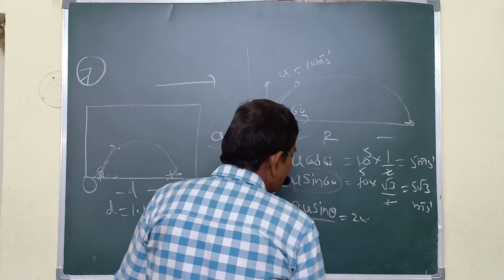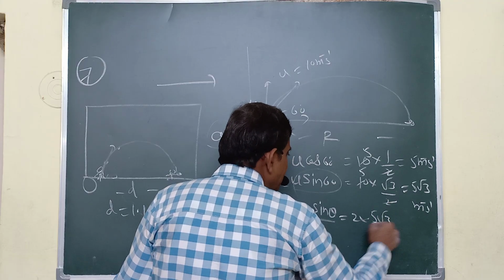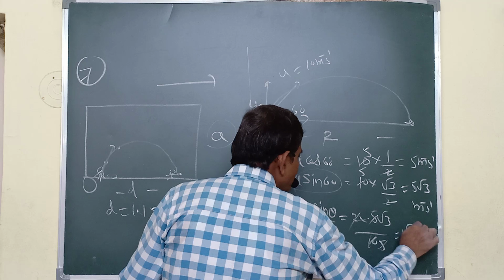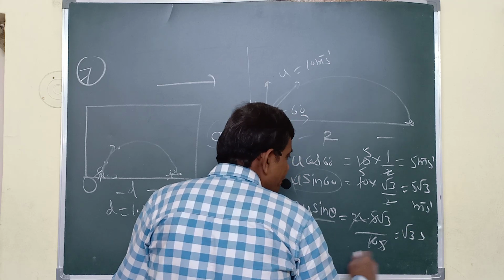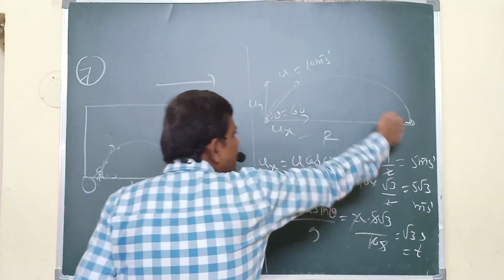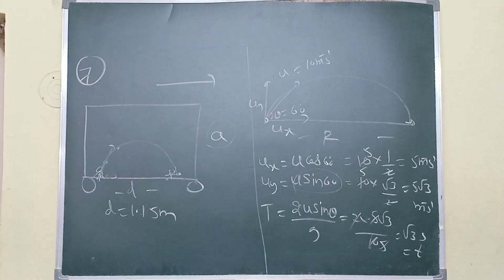That gives 2 into 5 root 3 by g, and with g given as 10, the time t is root 3 seconds.